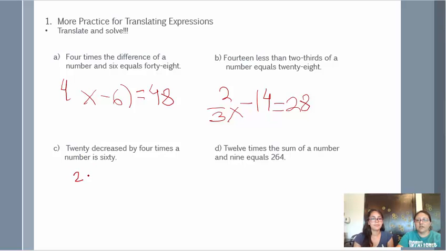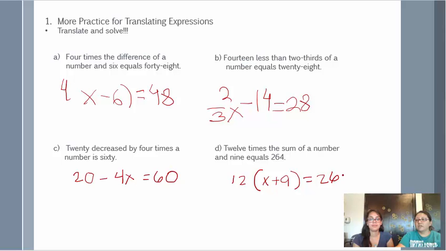So we have 20 minus 4 times a number is 60. And then we have 12 times the sum of a number and 9 equals 264. So we have 12. And then since it's times the sum of a number, we want to open parentheses. And that would be x plus 9 equals 264.